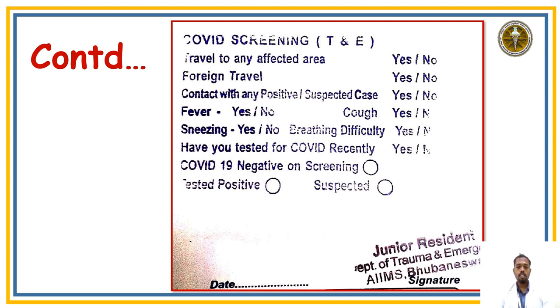The next is sneezing, which is the same, along with breathing difficulty, which is also objective, as the patient may use accessory muscles to breathe. Then, have you been tested for COVID recently? If the test is negative, the patient is considered not suspected.